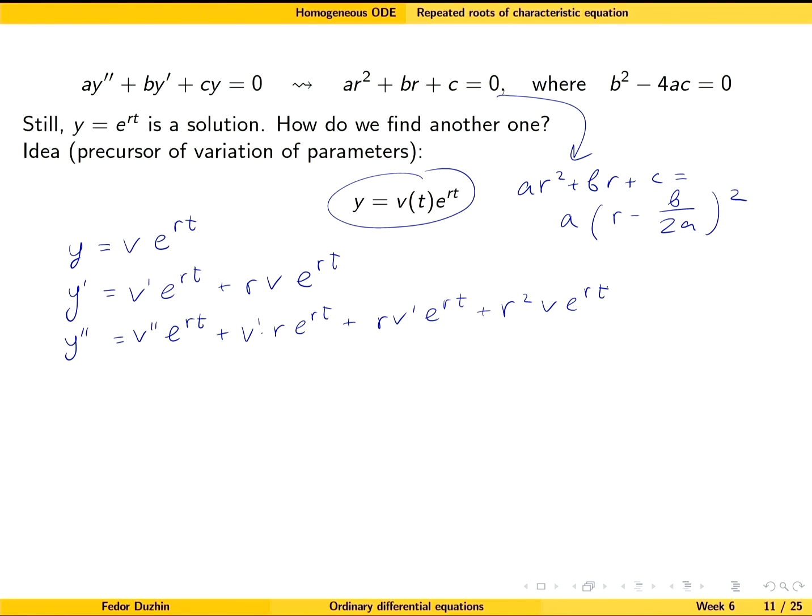Wow. Okay, that's a lot to deal with, I guess. And now we need to substitute it into the original differential equation, right? So maybe let me simplify it a little bit. Note that these two terms are exactly the same, so I can just write 2 here, and I will write e to the rt here.